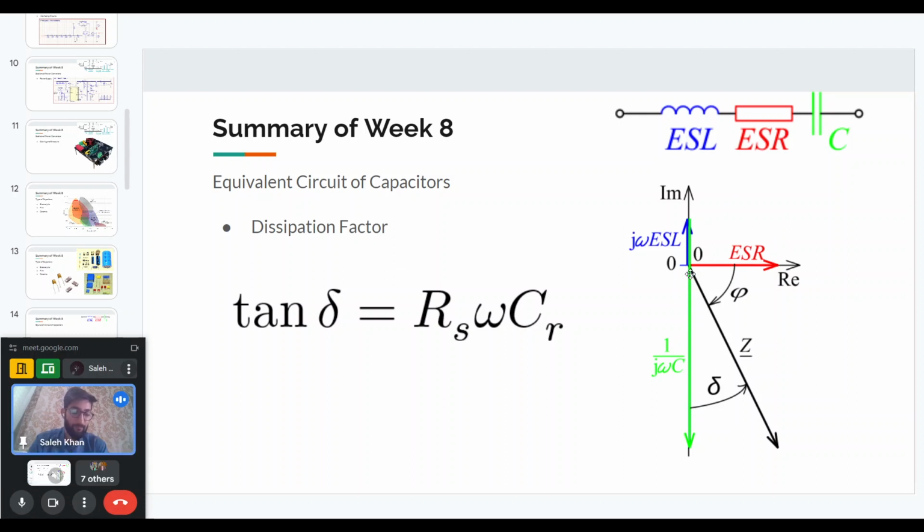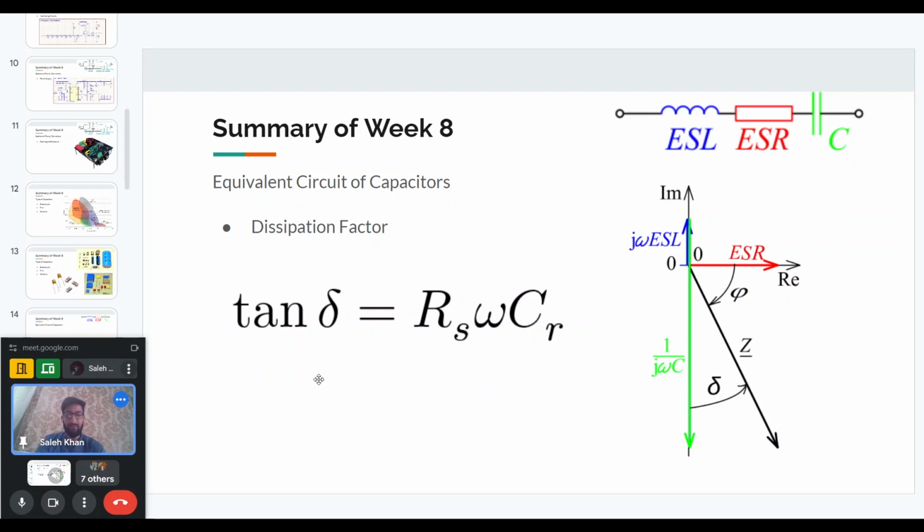If we draw the vector diagram of this capacitor, we'll have a capacitive phasor, and we'll also have the phasor related to the ESR. If we ignore the ESL, the impedance will make an angle delta with the capacitive portion, and the tangent of this delta angle will be given by this expression that is shown.